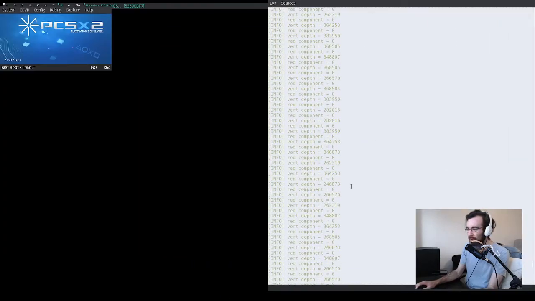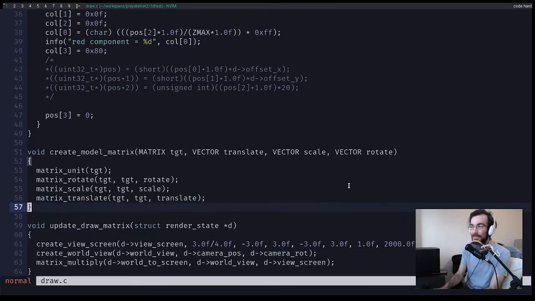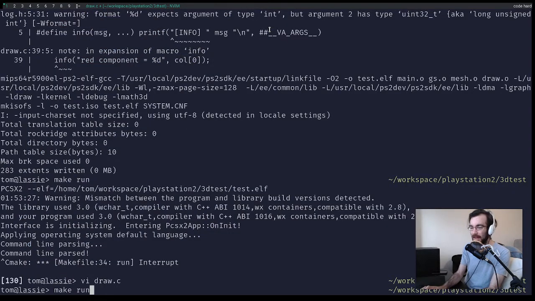Red component is always 0, of course, because there's something going wrong with our cast. Times 0xff. Oh, because if we multiply a number less than 1 by an integer, we're always going to get 0. It's going to be downcast to an integer. So let's actually change this to 255.0f. I think this will work.